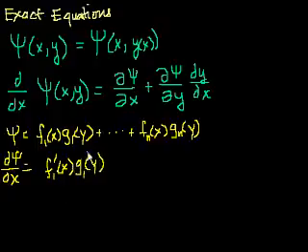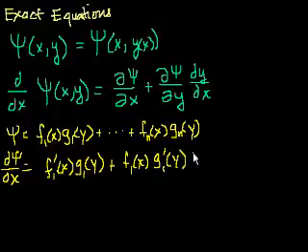Now you add that to the derivative of the second function times the first function. So plus f1 of x, that's just the first function, times the derivative of the second function. The derivative of the second function with respect to y, you could write as g1 prime of y. But of course we're doing the chain rule, so it's that times dy dx.